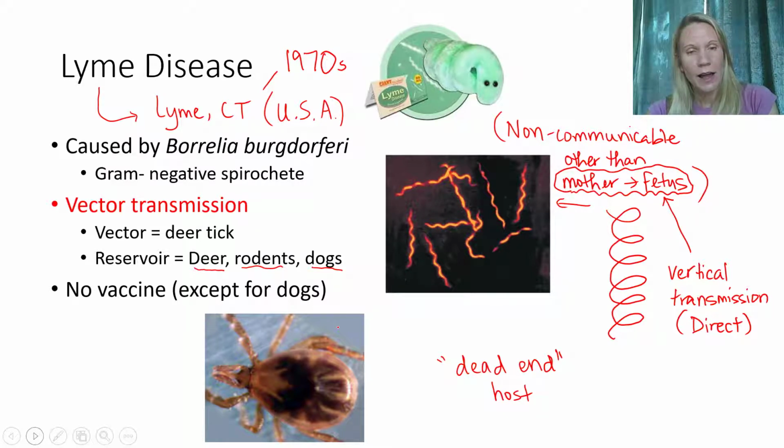It seems to be sort of a normal pathogen for the deer, or a normal microbiota for the deer, not pathogenic in the deer. And so the ticks, of course, feed on the deer, and then they pick up the bacteria in their salivary glands. And then you're walking through the forest and a tick lands on you.